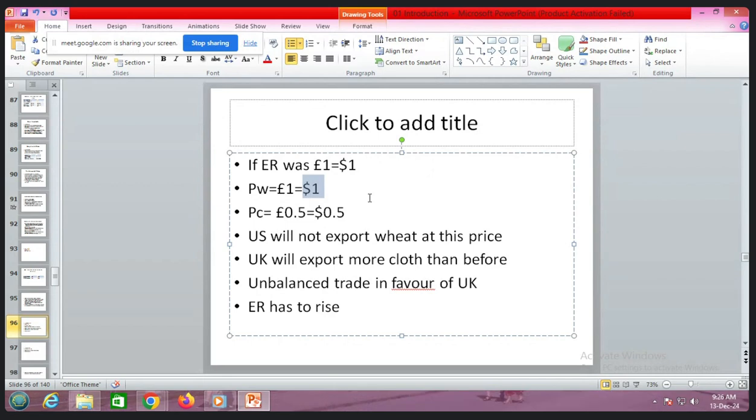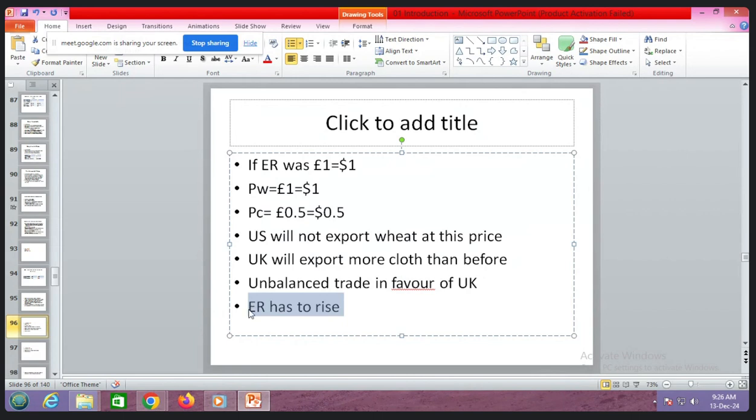That is, if it is exporting $1 of wheat, it is getting 1 pound, which is not worth it because it is also producing at the same level. So UK wants to export more cloth, but US doesn't want to export wheat, and therefore there is an unbalanced trade in favor of UK.